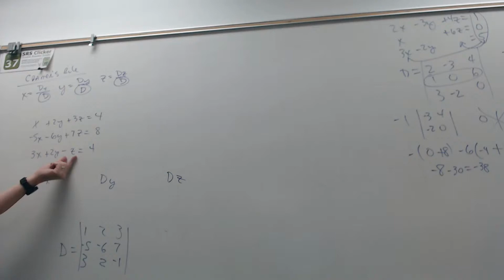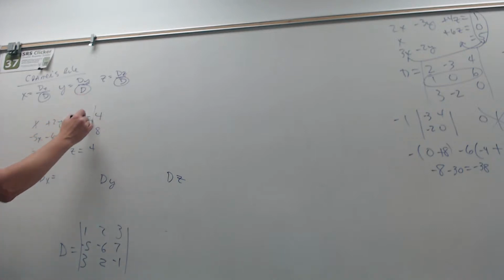Yes. But aren't they all just going to be the same number then? No, they won't, because I'm replacing this. If it's the x, I'm going to put it there. If it's the y, I'm going to put it there. If it's the z, I'm going to put it there. So they'll all three be different matrices. Most of it will be the same, 2/3 of it will be the same and 1/3 of it will be different.